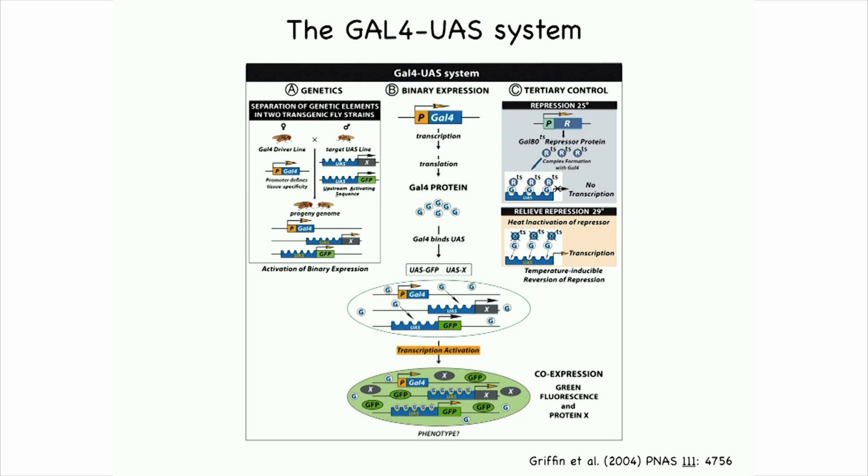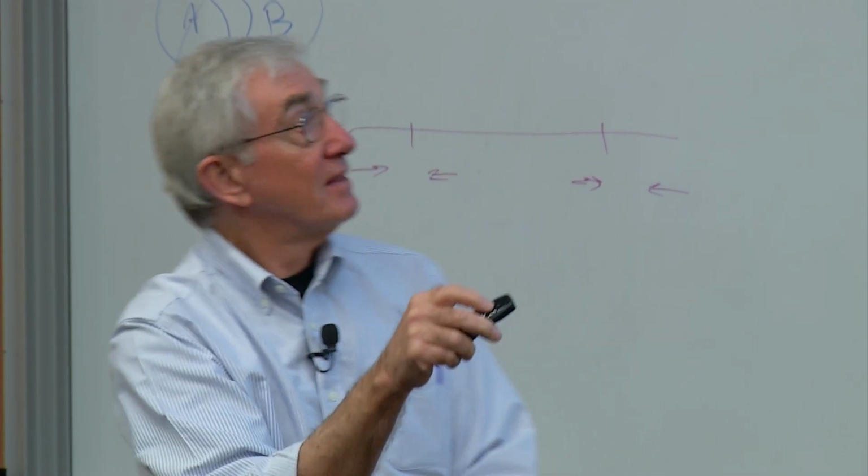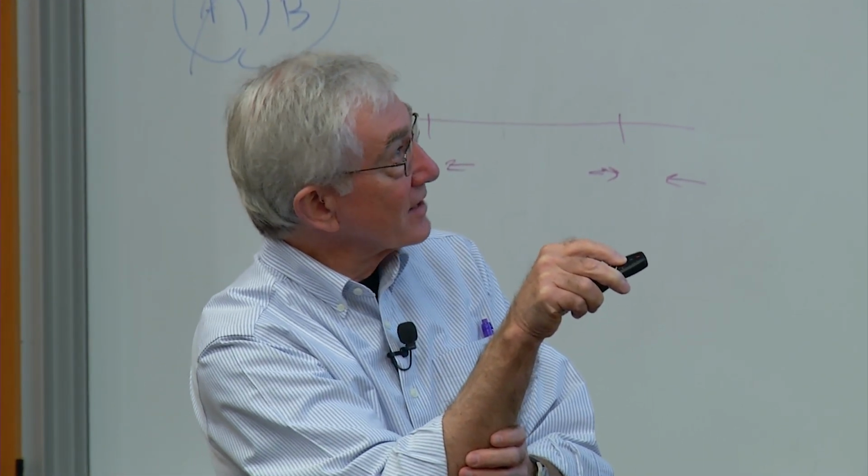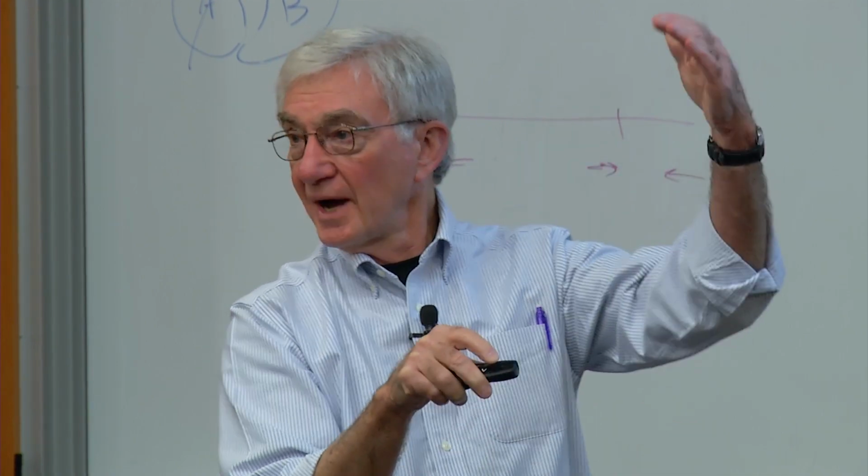And there's a further layer of control here that is provided by another yeast protein. It's called R here. It's actually the product of the GAL80 gene. So GAL80 normally interferes with gene activation by GAL4, but there's a temperature-sensitive version of GAL80 that will interfere with gene activation until you go to a higher temperature.